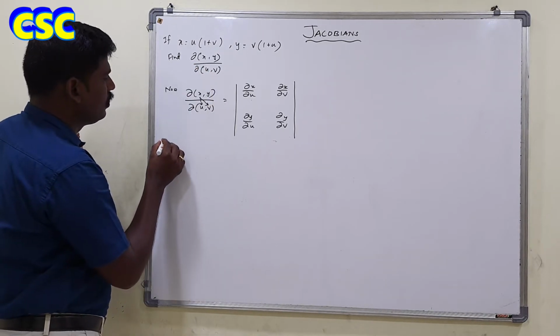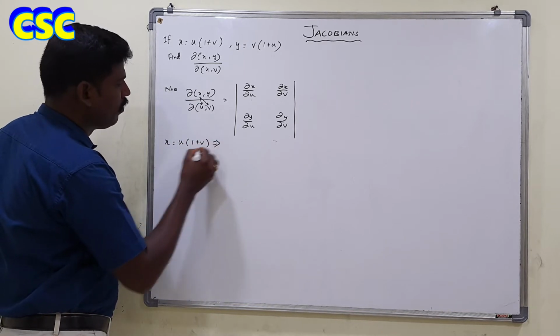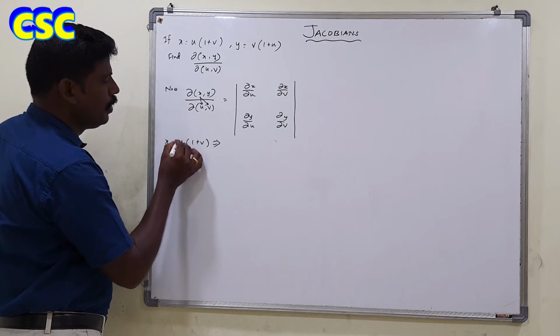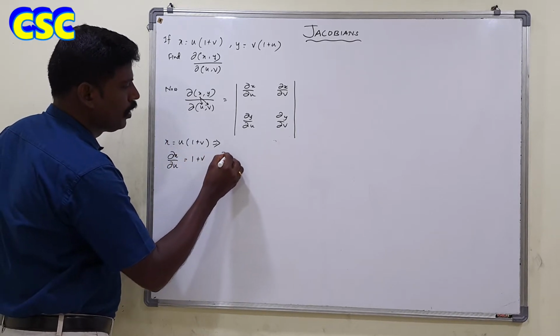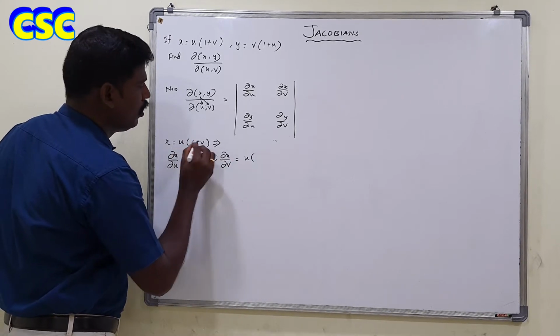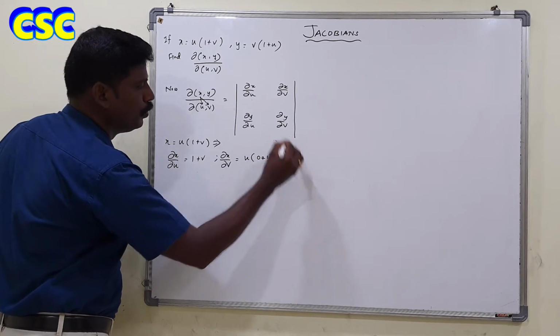So from that, what is x? u into 1 plus v. From that, what is dou x by dou u? It is a product, so u becomes 1 into 1 plus v, it is 1 plus v. And then dou x by dou v is equal to what? u is a constant, u into 1 becomes 0 plus v becomes 1, that is equal to u.